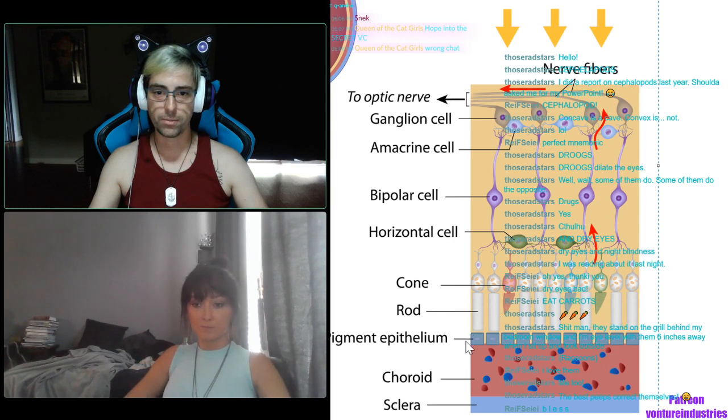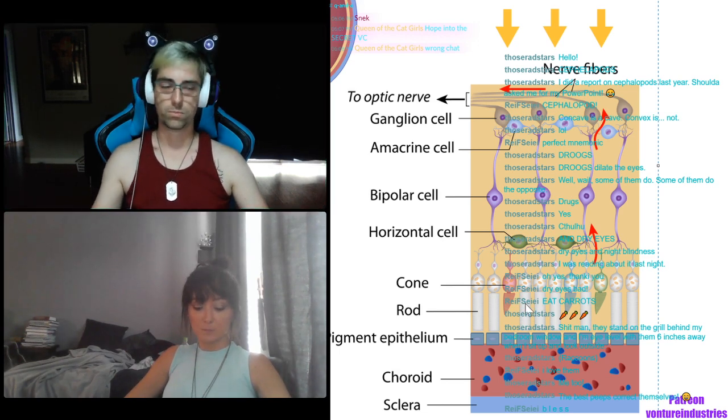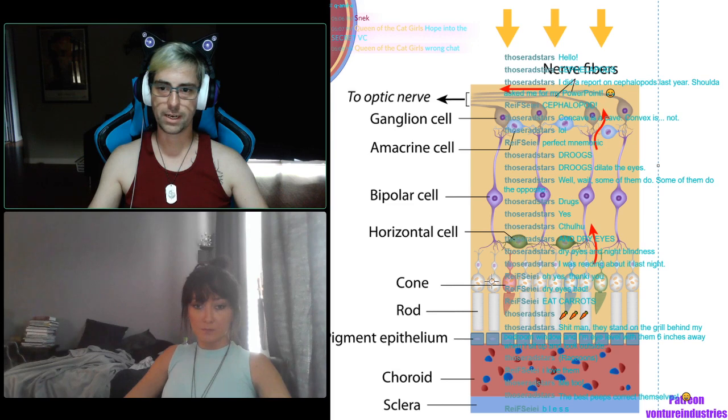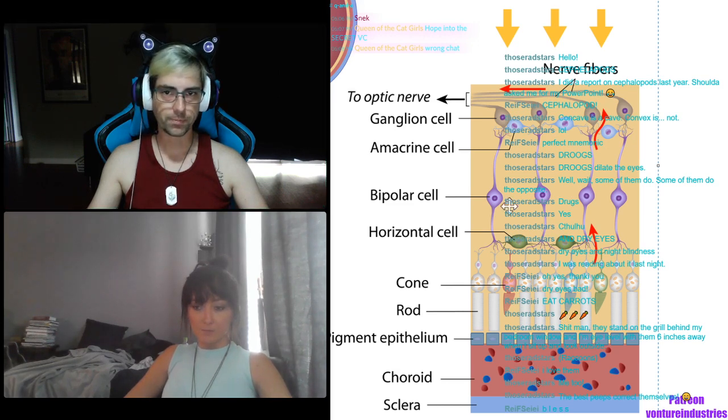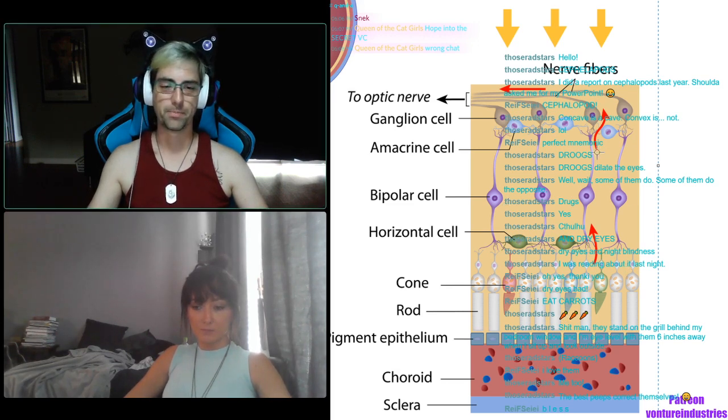Because our pigment layer is dark, it does not come bouncing back up. It just comes through and stays through. Otherwise, it would have two chances to hit the receptor cells, which is good for seeing at all, but not great for seeing well.